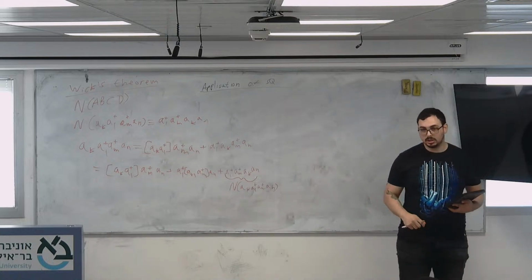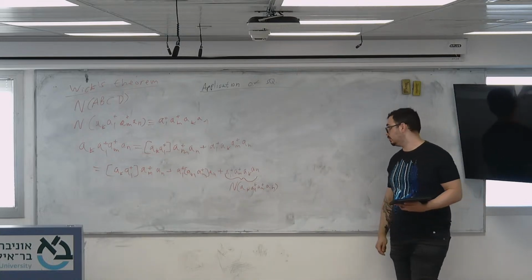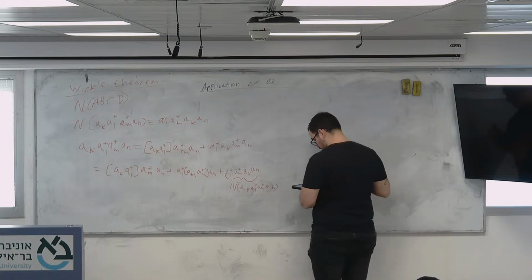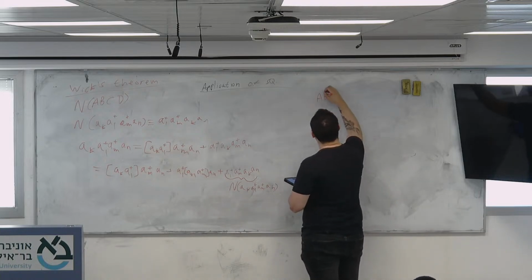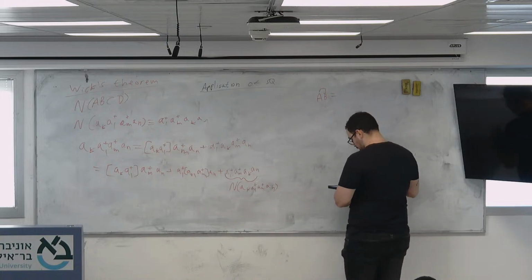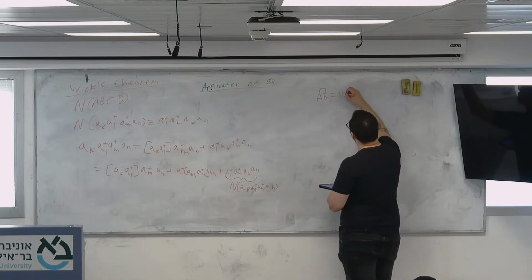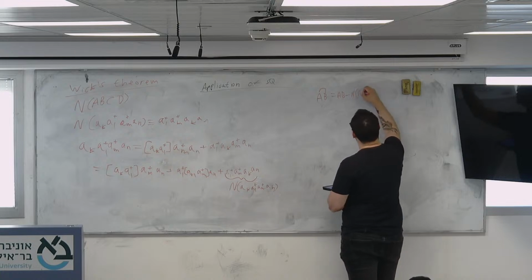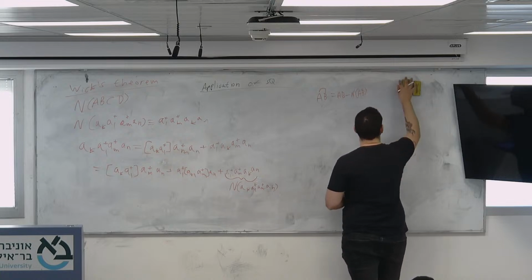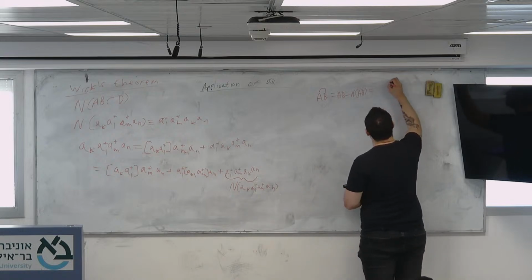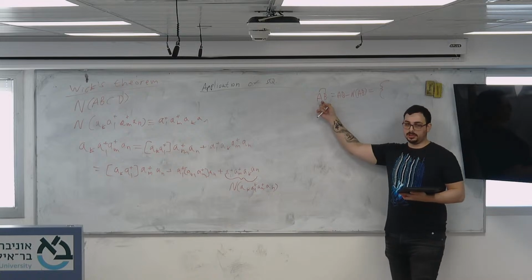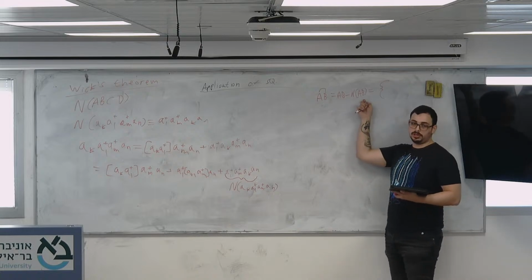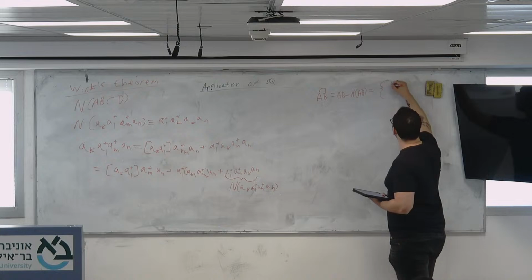Next, we will want to define the contraction. Contraction AB is equal to AB minus normal order of AB. This will give us two possible situations. If A and B are already in normal order, the normal order of AB is just AB, so the contraction will be 0.